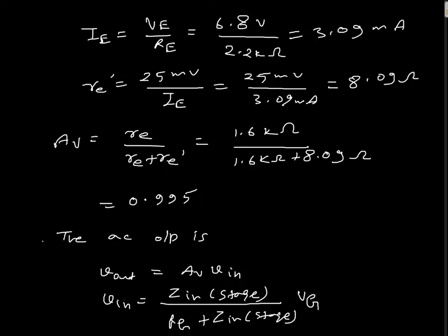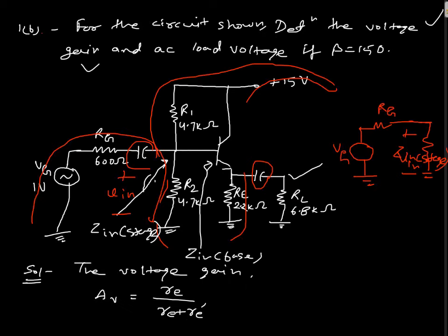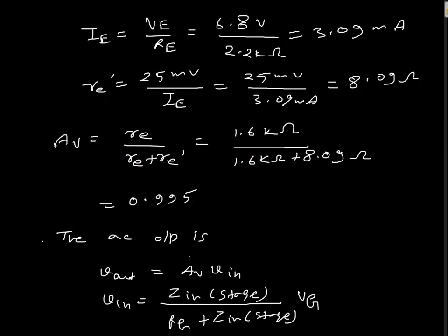So this analysis we have used to write this formula. Now here AV is known, and Rg is given. So we need to find out the value of Z in stage.